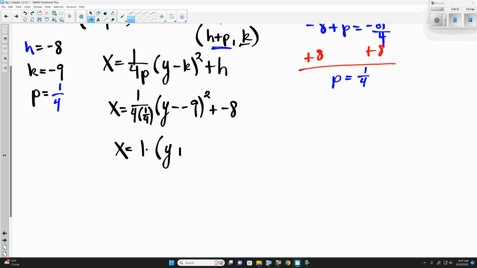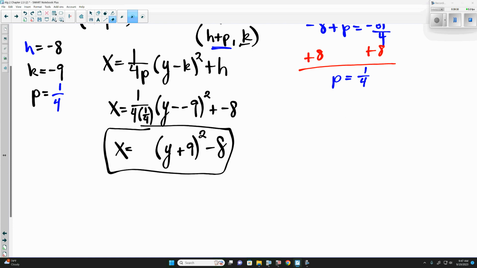Now our y minus -9 is going to be y plus 9. Now we don't necessarily need the times 1. I will not count off if you do 1 times parentheses. That's fine. That is the same thing. We don't necessarily need it, but it's not wrong to include it.